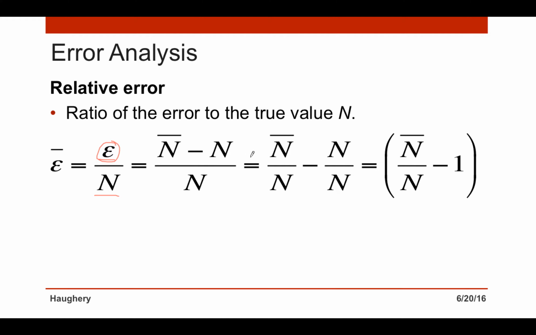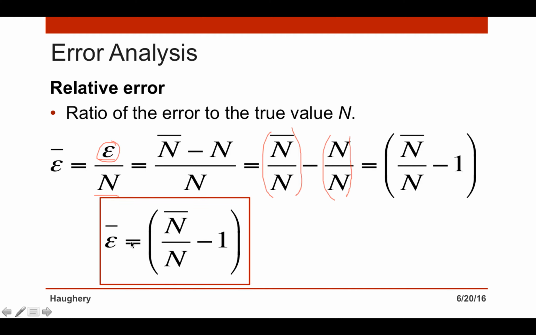And of course we can pull this apart and have two parts: n bar divided by n, minus n over n. Of course n over n just simplifies to 1. So we're left with relative error being just n bar divided by n, minus 1. So this is how we've built this equation. And we haven't changed anything through this equation. We've just simplified it down here.